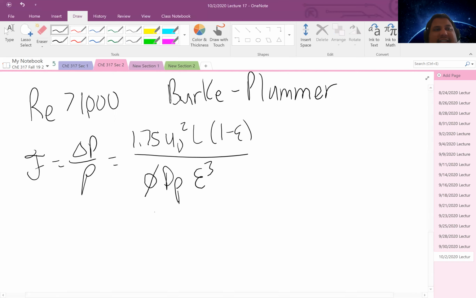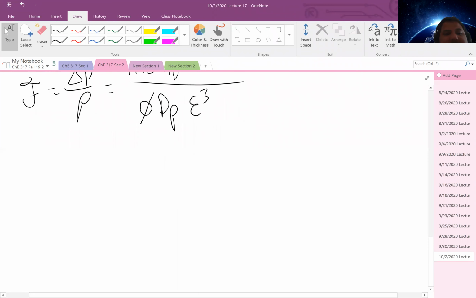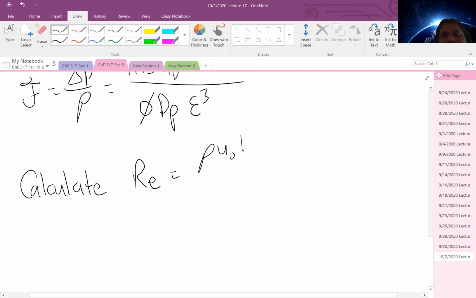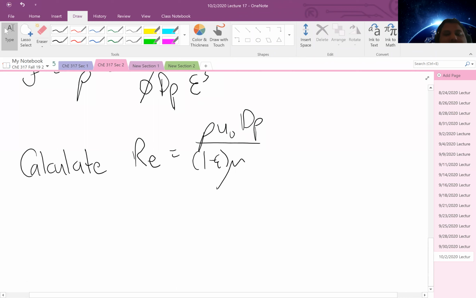And so these problems can be solved one of two ways. Given a system, you can just use the Ergun equation, or if you'd like, you can first calculate your Reynolds number, which is equal to rho U naught d over 1 minus epsilon mu, and then decide if it's laminar, or transition.